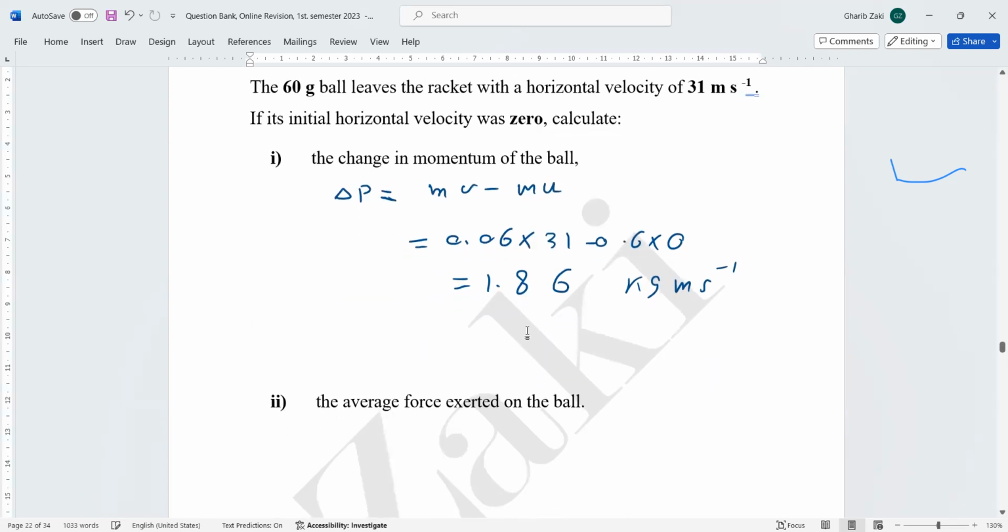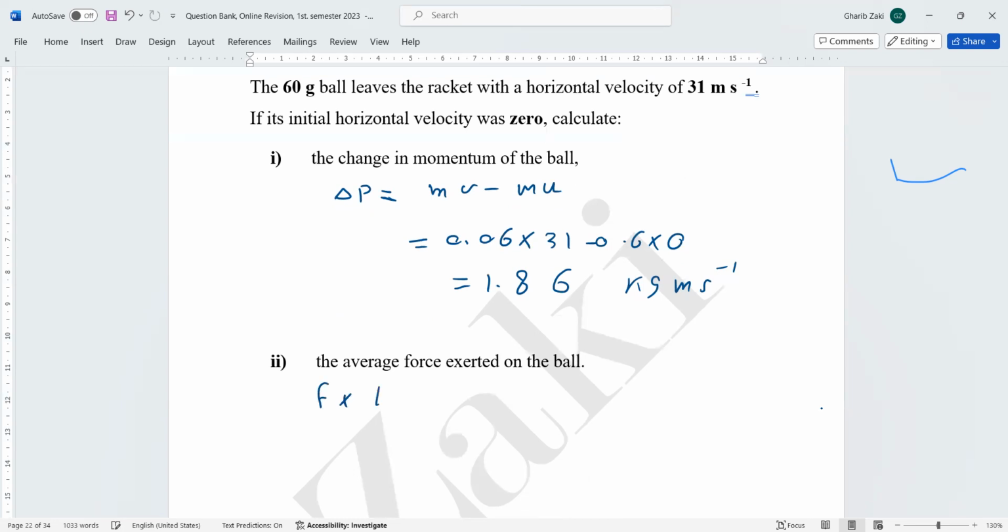Next question. The average force, the force multiplied by the time equals the change in momentum. So the force equals the change in momentum over the time. The change in momentum is 1.86 over here.